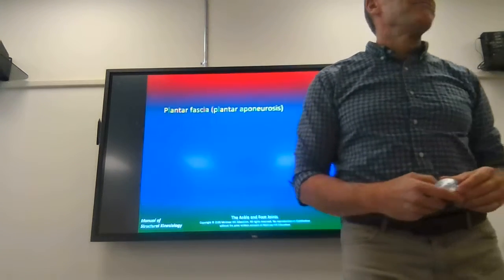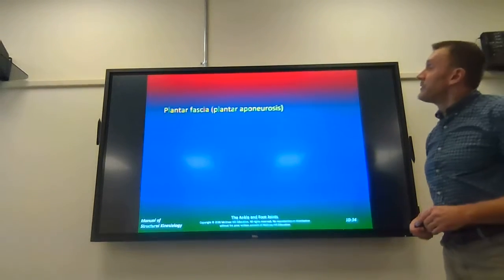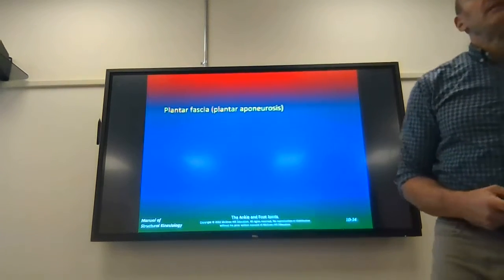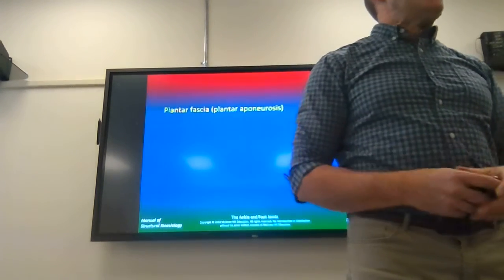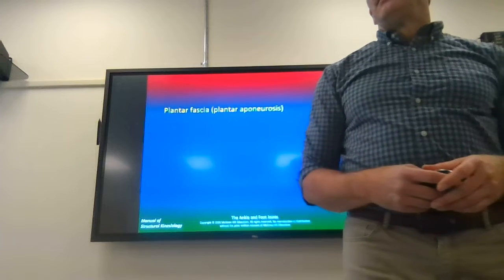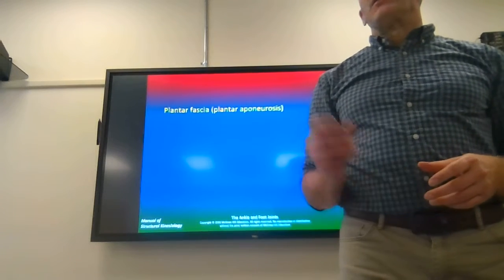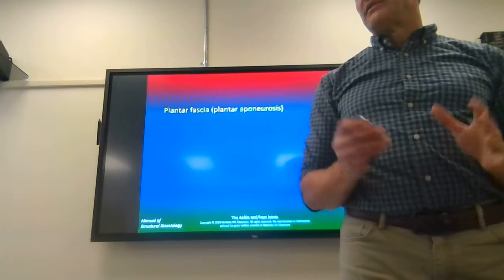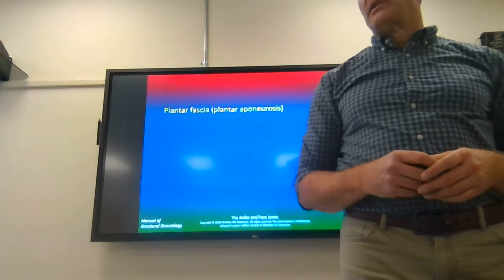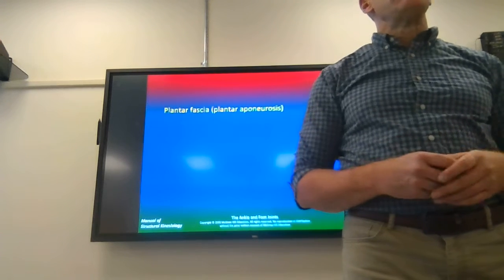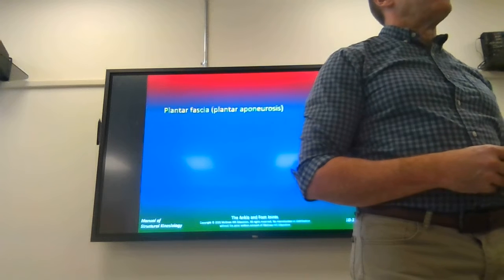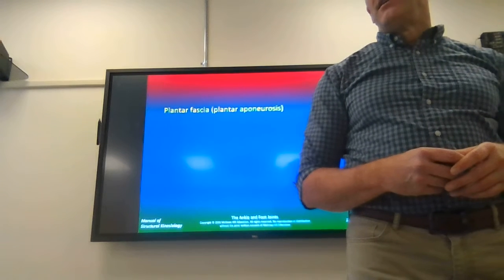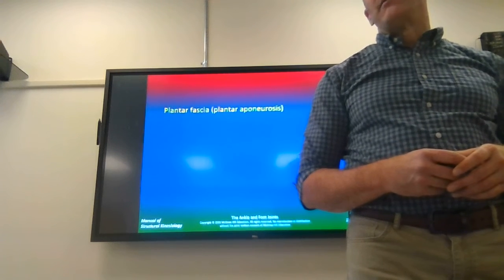So we've gone through this good textbook. So plantar fascia is a broad tendinous sheath. Remember, an aponeurosis is different than a cord-like tendon because it attaches over several points. So it's like a sheet. The foot gains a lot of elasticity from this sheet on the bottom of the foot.